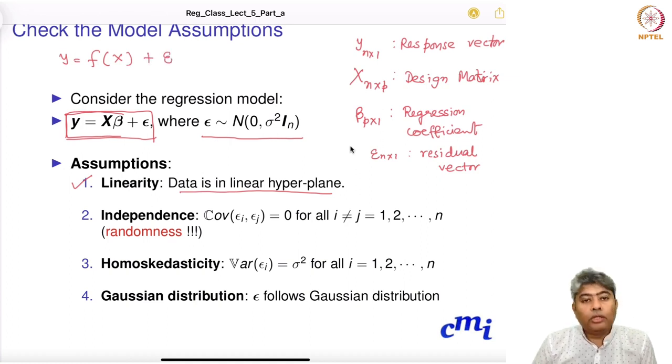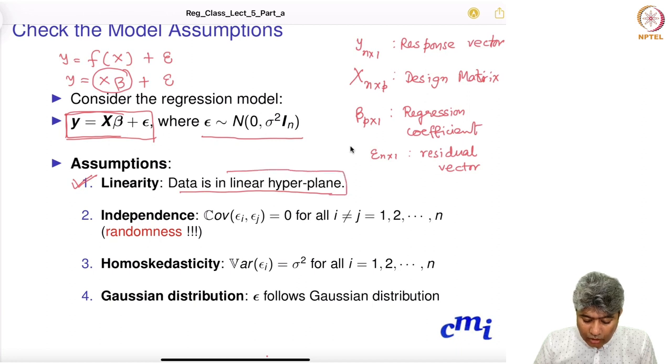Now this function could be any function, but when you say that y is equal to X beta plus epsilon, then you are assuming a particular form of model, called linear models, and that's the major assumption. And how do you check whether the linear hyperplane that you are assuming for this data is a right assumption?